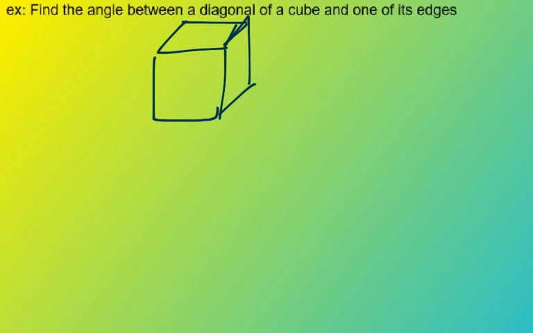I personally would think of this problem as snug right up against the origin in 3D space. So I'm going to think of this vector, and then I'm going to think of my diagonal one going from here, it's hard to do dotted lines on here, back to that corner.